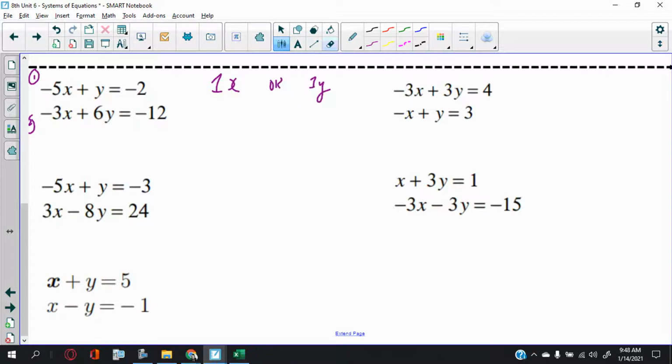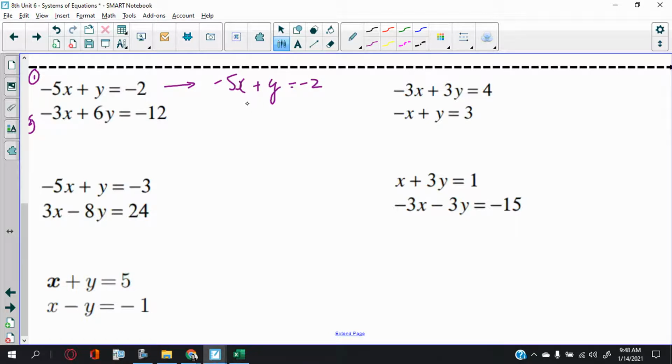Try to spot that first, because that tells you that you can do the following. Can you spot the variable that doesn't have a coefficient? Yeah, this one, the plus y here. So I'm going to pick that one to work on, and I'm going to set y to be by itself.